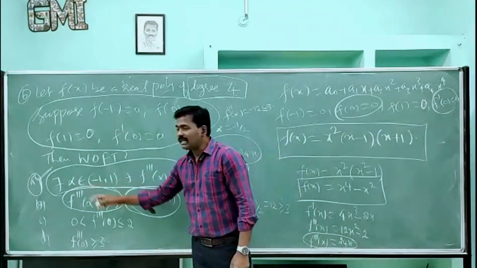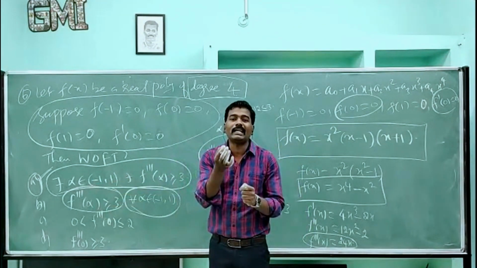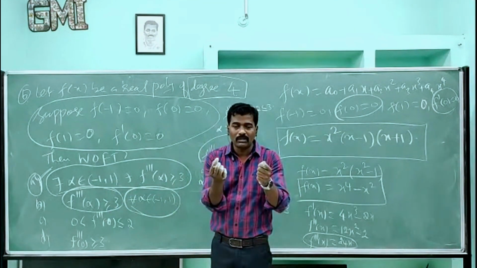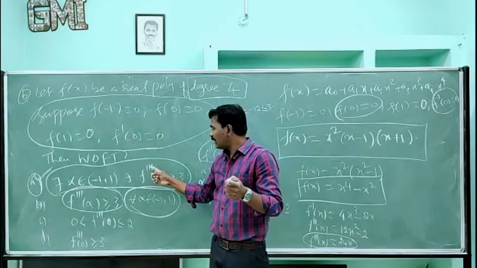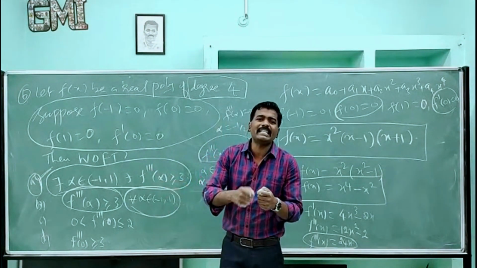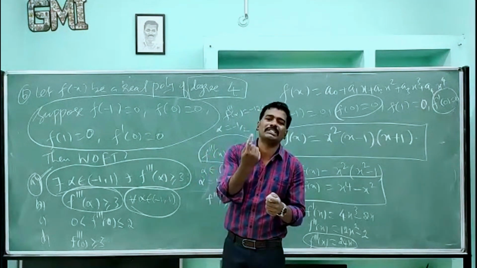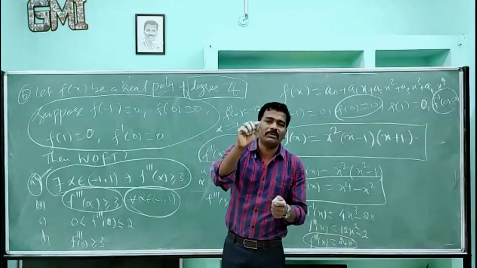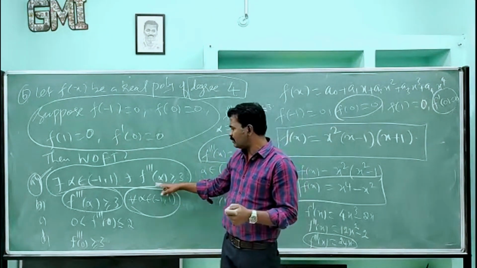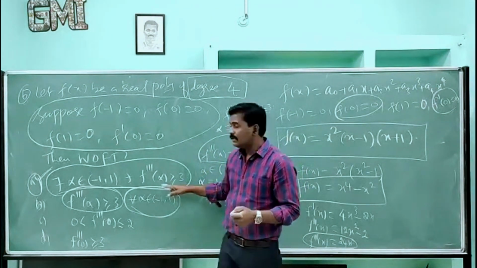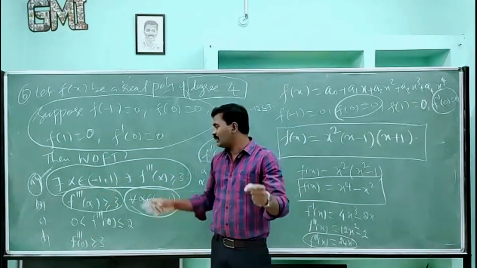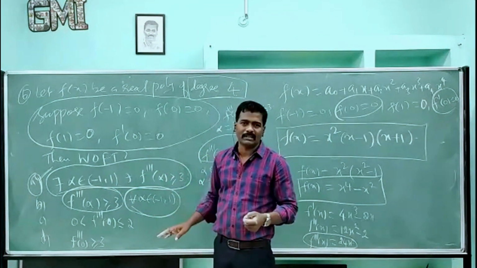Here they said that you should be able to find one alpha between -1 and +1 whose f triple prime of alpha is greater than or equal to 3. Existence means we have to show at least one. When you take alpha equal to 0, it does not satisfy that property. I don't want such an alpha.